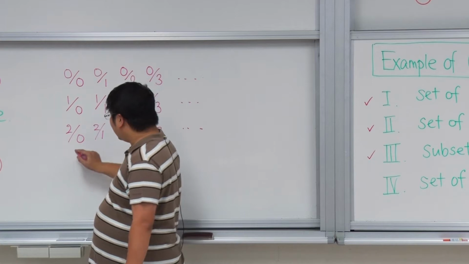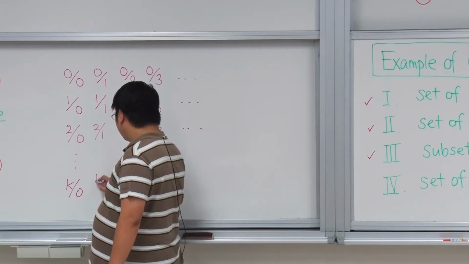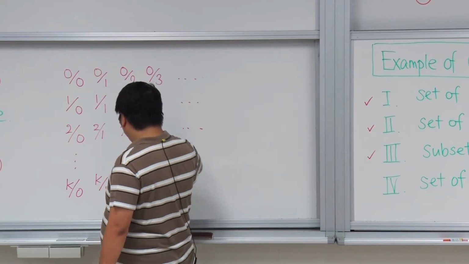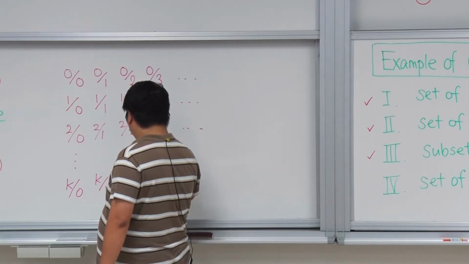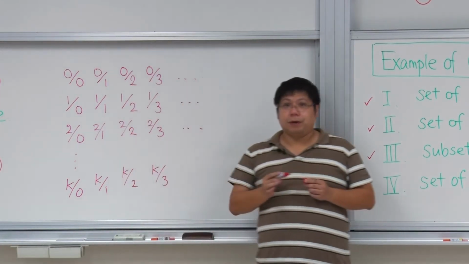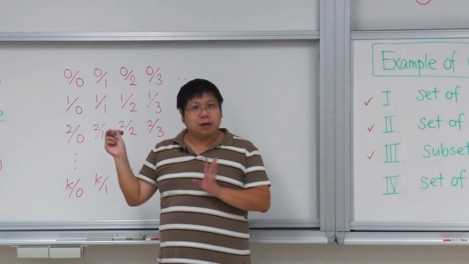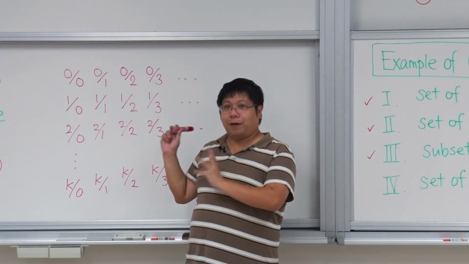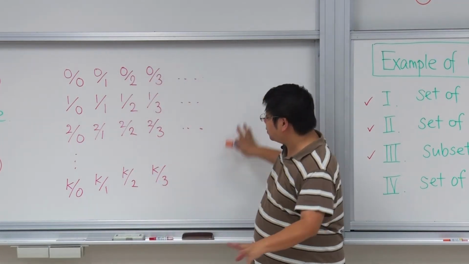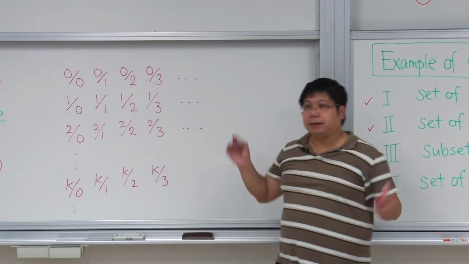Is that okay? And then for the kth row, we will have k over 0, k over 1, k over 2, k over 3, and so on and so forth. Imagine, this does not necessarily represent a valid number, but we'll see that all rational numbers will be contained in this infinite size table.